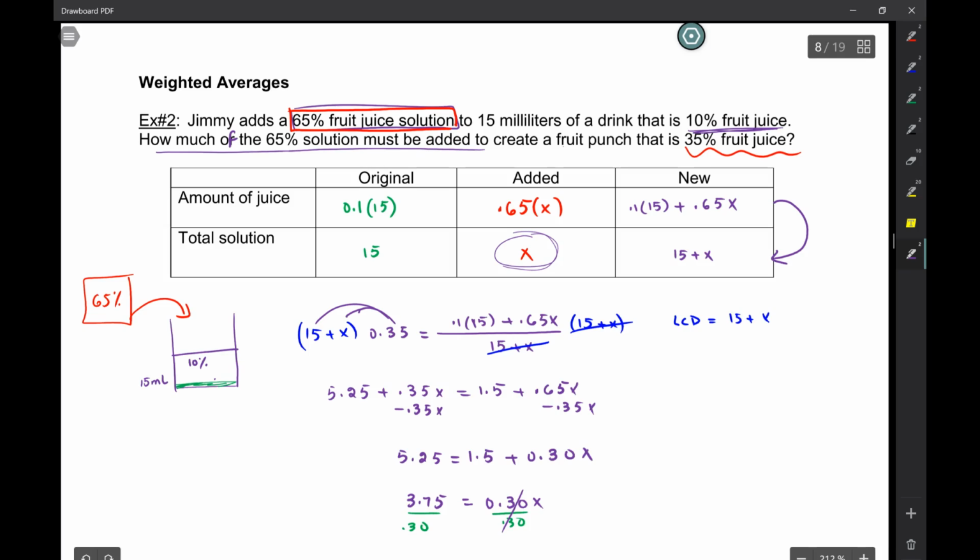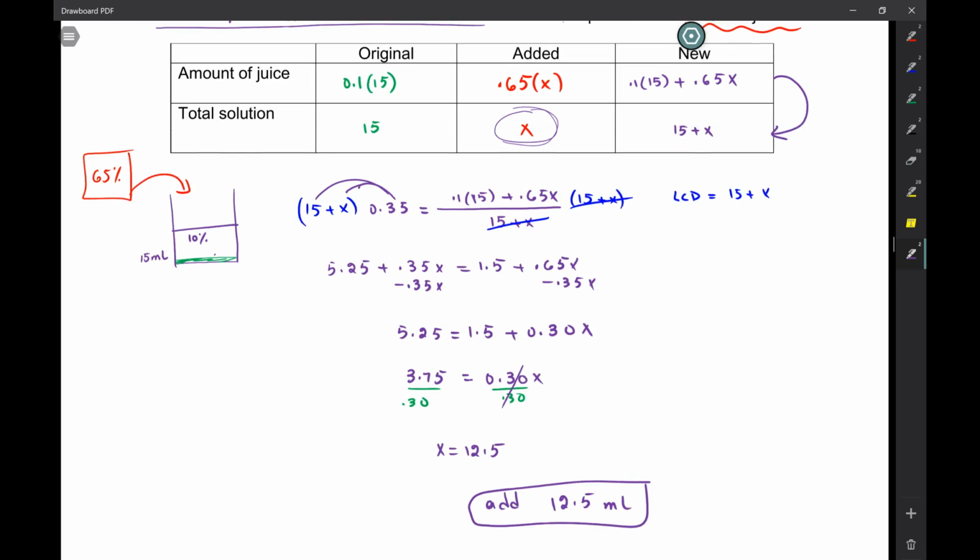So how much do I need to pour in from the red one in order to make the whole thing 35%? In my container, I'm going to have 15 plus 12.5, 27.5 total. This is just how much I'm pouring in.